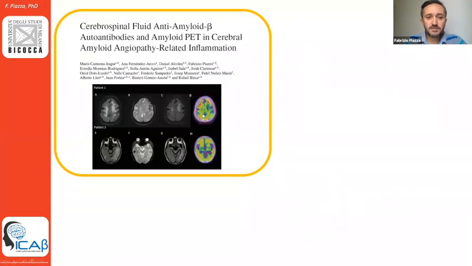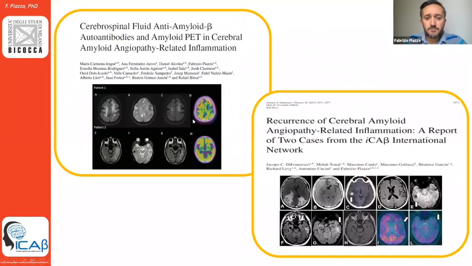And as you can see here, these were patients affected by Alzheimer's disease who developed CAA-ri events, and in the same brain area where they developed CAA-ri, so ARIA-like, there was a reduction in the amyloid PET tracer finding. But this one was made a few months after the acute event.